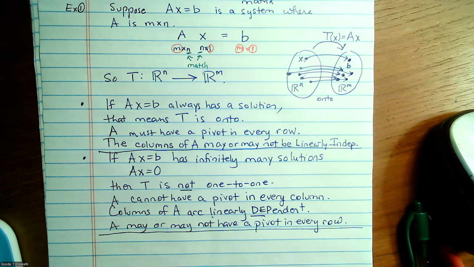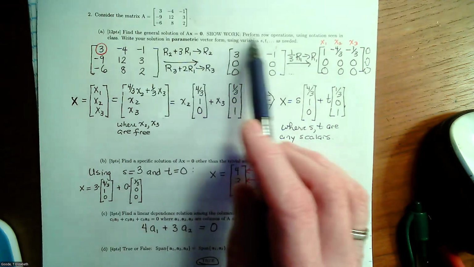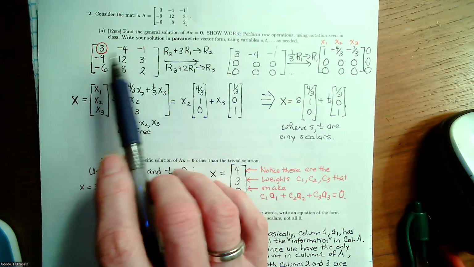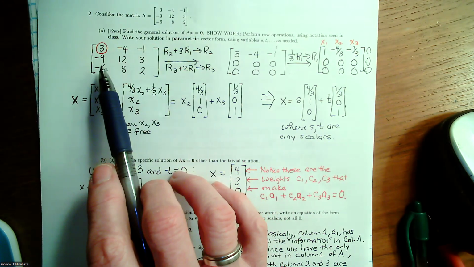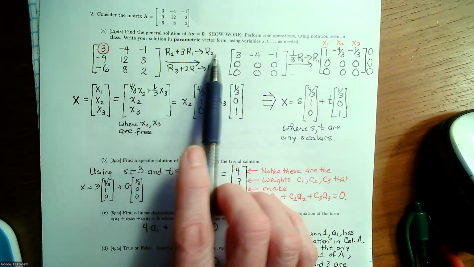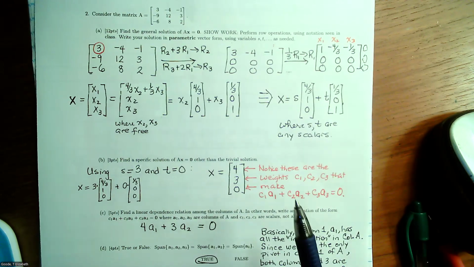Let me see if I can grab that. Okay. So I really tried to sneak up on stuff with you. I tried to walk you into the correct thinking as best I could, whether or not I succeeded; I guess I didn't for some people. This one was super easy to row reduce, right? It just took 2 row operations and all of a sudden, we only have one pivot position, right?